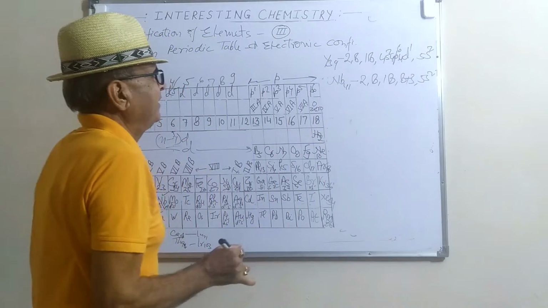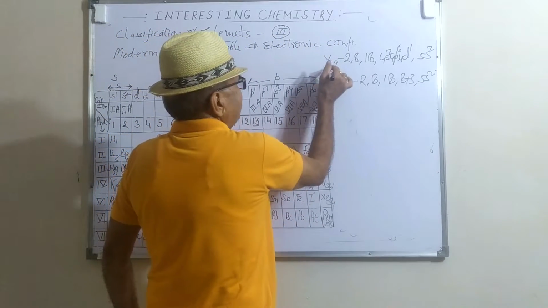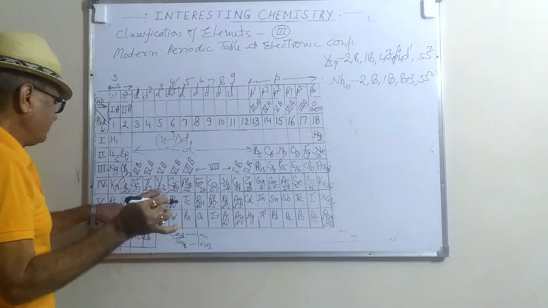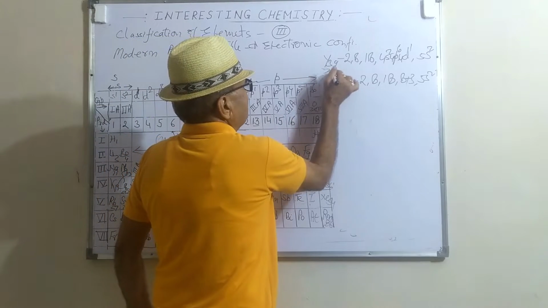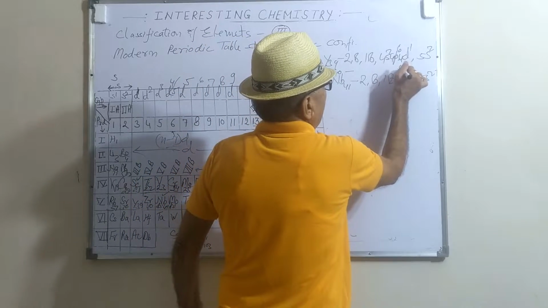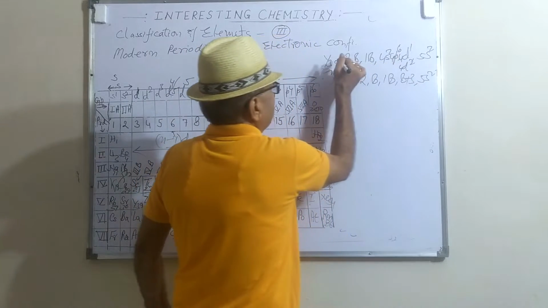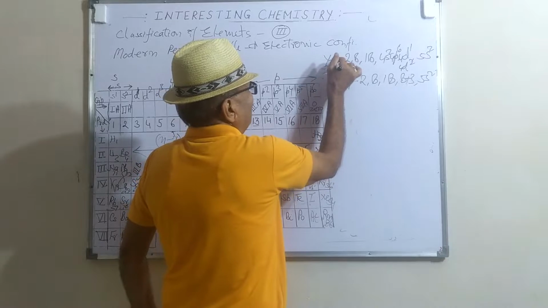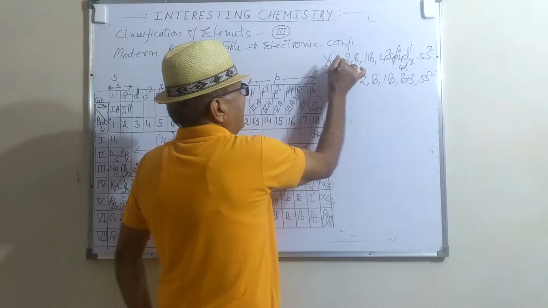Then come to the 40th one, zirconium. Zirconium is 40. So you will write here 4d2, because one electron is added here, 39 and 40.